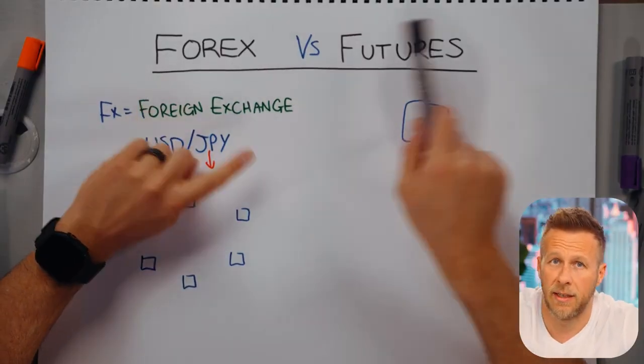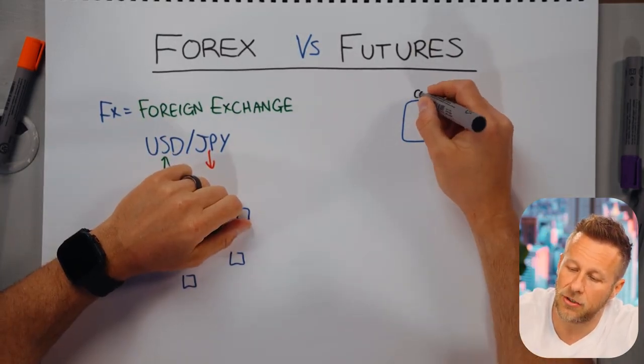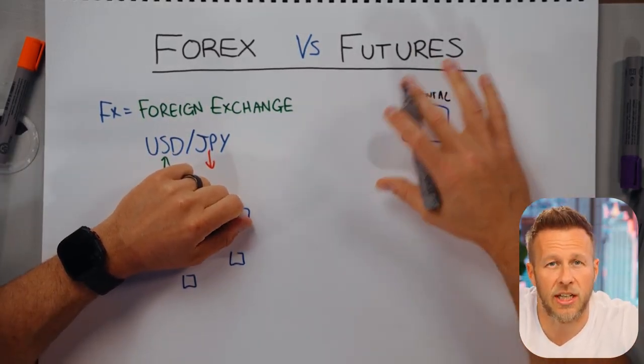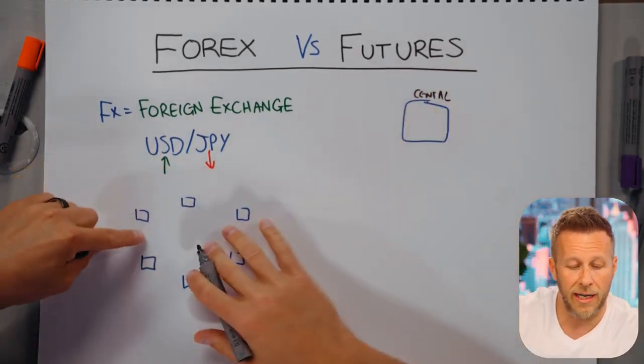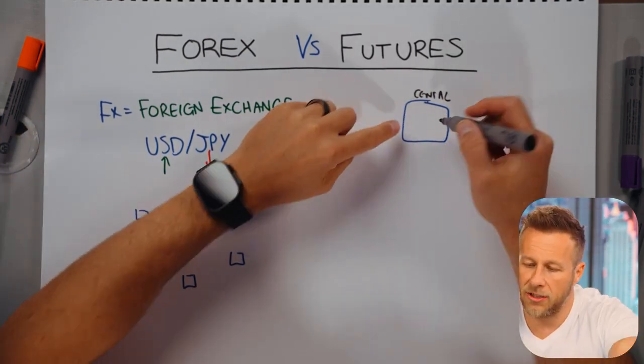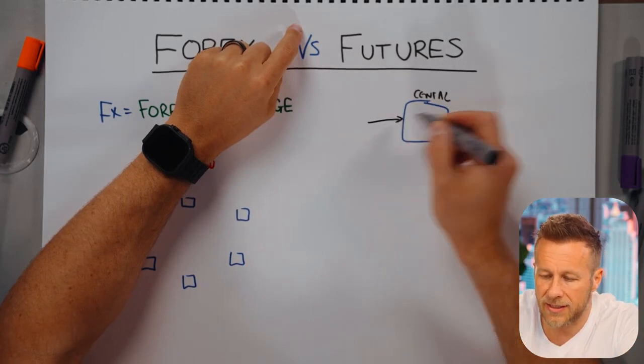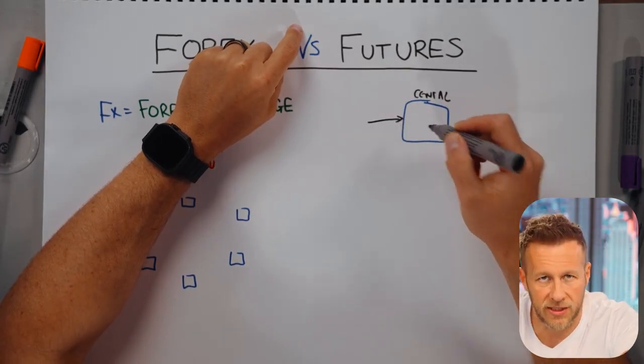One of the biggest structural differences between Forex and futures is this. Futures is a centralized exchange. It's a centralized market. Forex is a decentralized market. Now, let me explain that simply. A centralized market means that everybody's orders go to one central exchange, one central place.